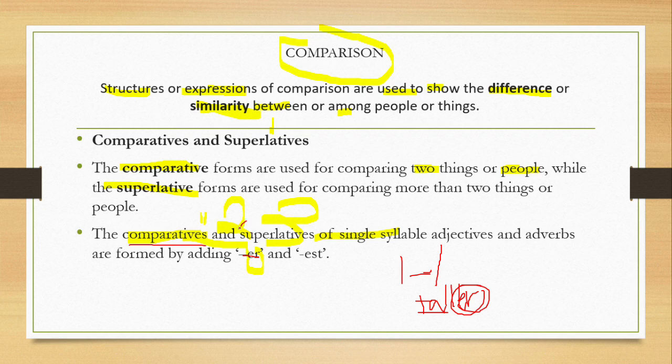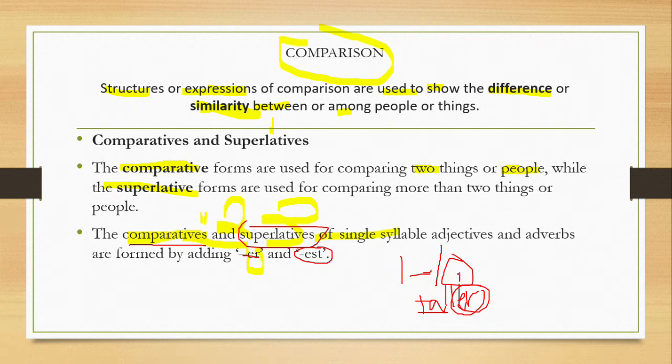When you are using the superlative, you simply add est. For example, let me include another one here, this one. Who is shorter? It's this one. Let me say it's Mwamba. So this one is the shortest because he is shorter than this one and this one.